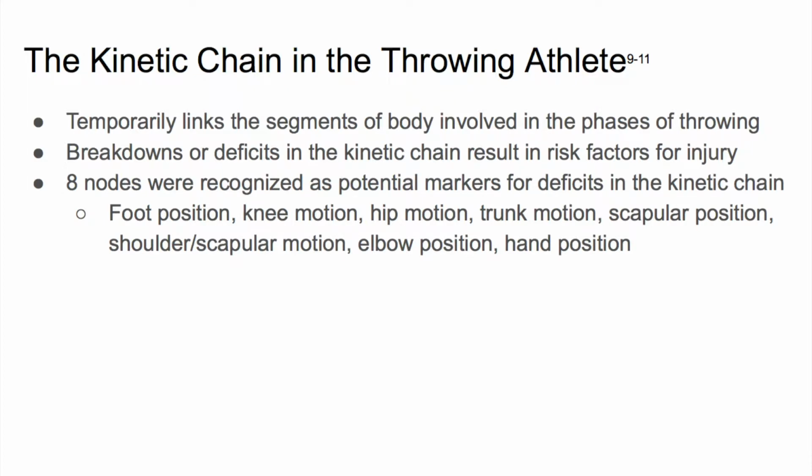Eight nodes were recognized by Kibler et al. to effectively achieve the overhead throwing motion, but more importantly for our purposes today, as a potential marker for deficits in the kinetic chain.